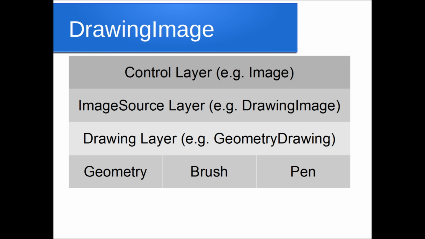The same thing happens at the geometry level: one of the options you can plug into a geometry object is the geometry group. A geometry group object contains multiple geometry objects, including other geometry group objects. So the geometry part of this diagram also expands out to be a tree. In general, in this approach to drawing, you're creating a very large tree of drawing and geometry elements. I'll show that in the following example.